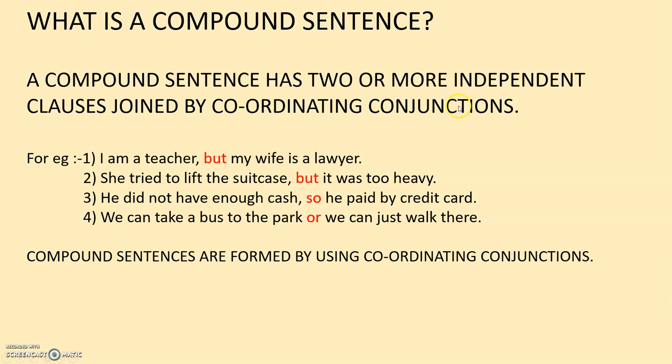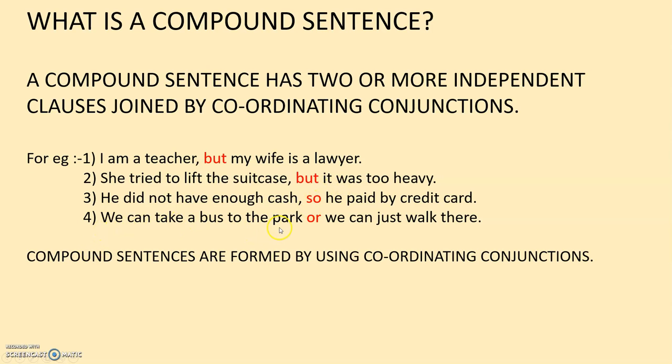That is a coordinating conjunction. He did not have enough cash, so he paid by credit card. He did not have enough cash. It makes sense by itself. It's an independent clause. He paid by credit card also makes sense by itself. So independent clause again, and is joined by a coordinating conjunction.